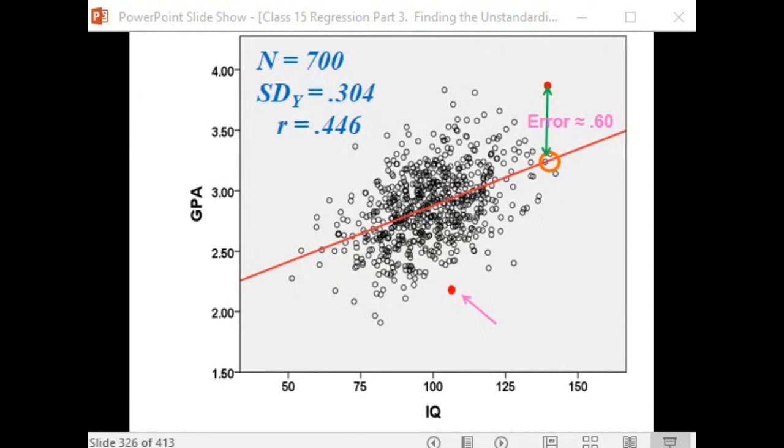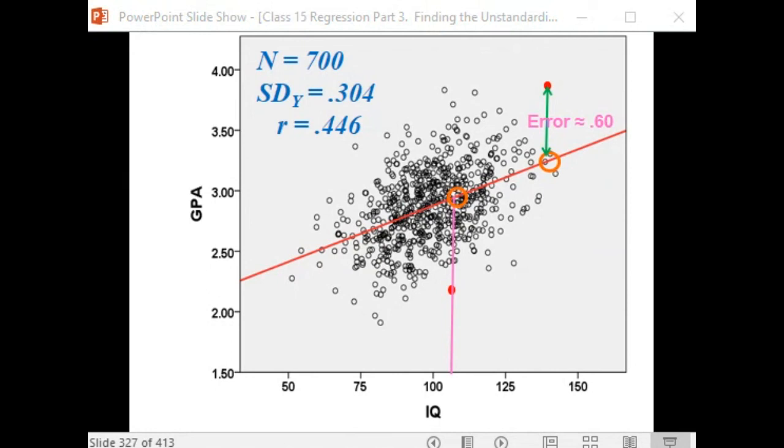Next, we'll focus on this student who's represented by the red dot in the middle lower region of the scatter plot. You can see the arrow pointing at that dot. Okay, so what is this student's IQ approximately? Okay, you got it? Their approximate IQ is probably around 105.